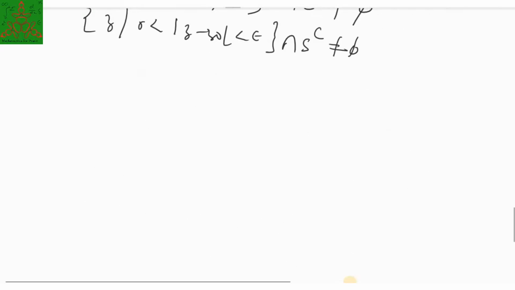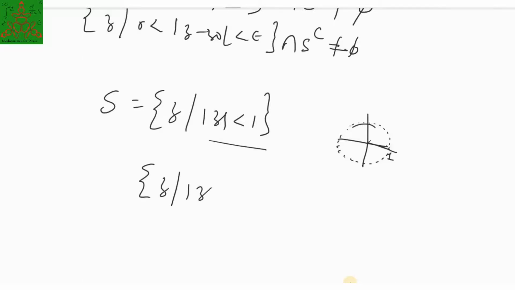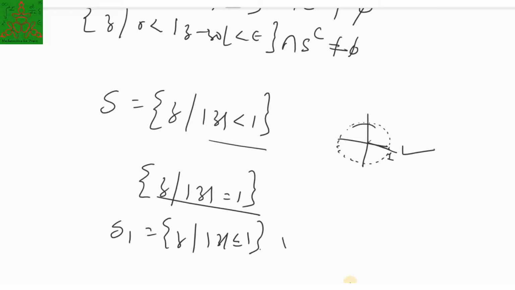For example, consider the set S as the set of all points with |Z| less than 1. What is this? It is the disc inside the circle of radius 1. Now what are the boundary points of this set? The set of all Z such that |Z| equals 1 are the boundary points of S. In fact, if we take S1 as the set of Z with |Z| less than or equal to 1, then the boundary points of this set are the same as here.